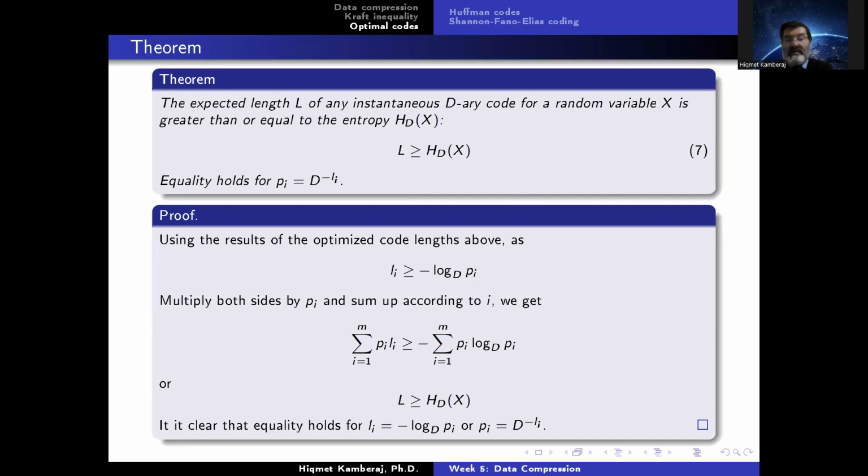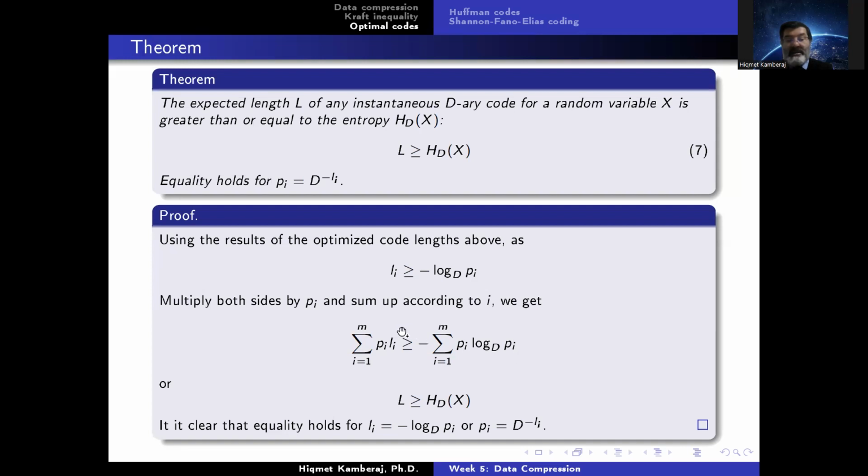Now, using the results of the optimized code lengths above, we have that L_i is greater or equal to minus log with base D of p_i. If we multiply both sides by p_i and sum up over i, then we get the following. Sum over i from 1 to m of p_i L_i is greater or equal to minus the sum over i from 1 to m of p_i log with base D of p_i.